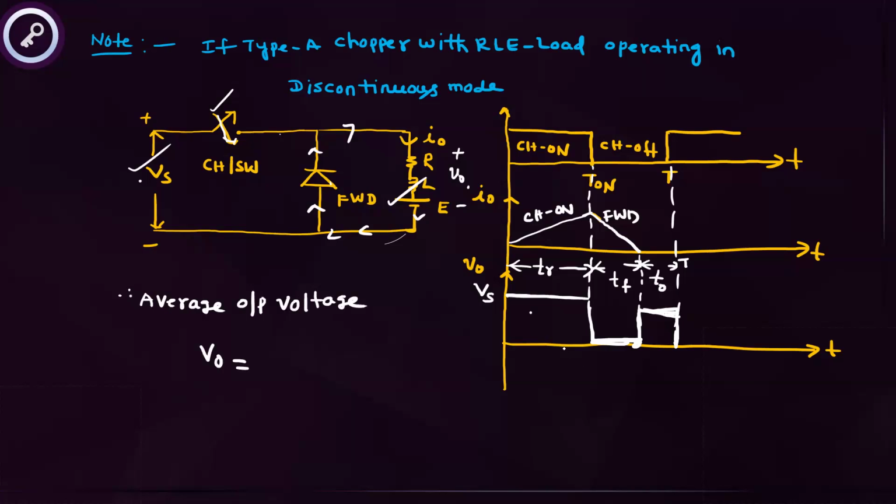V naught equal to, during TR time, output voltage is Vs, that is Vs into TR, plus. During TF time the freewheeling diode is conducting, output equal to 0 because the load is short circuited, that is TF into 0, plus.